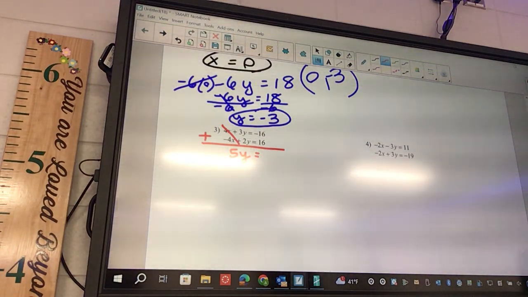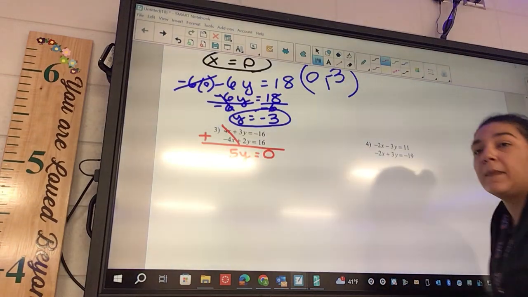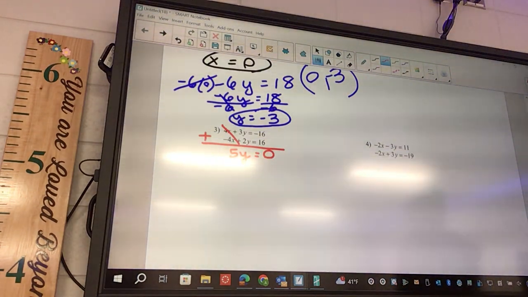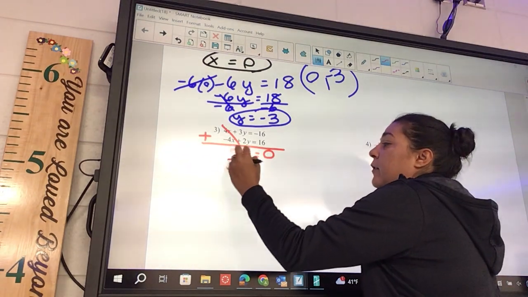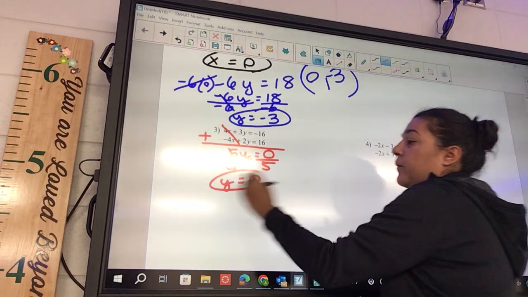What's -16 plus 16? 0. Okay, and then what needs done? We're going to divide by 5. So we get y equals 0.